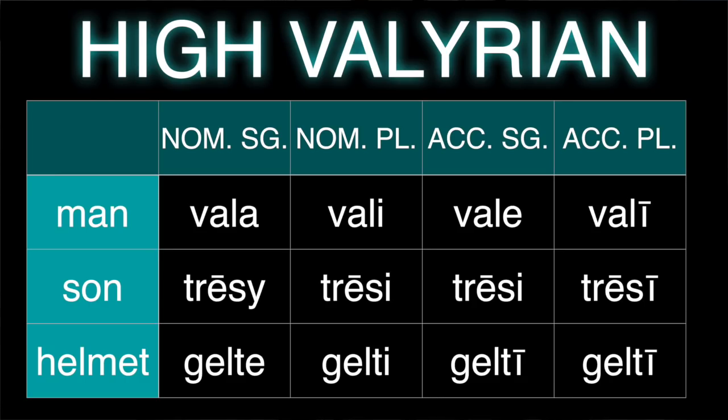If you look at the forms, here are all the forms. You have vala, and these are singular plural nominative, then singular plural accusative. Vala, vali, vale, vali. Then tresi, tresi, tresi, tresi. Gelte, gelti, gelti, gelti. So, if you look at this, the first thing that should jump out to you is that there's probably something E going on in the plural, and maybe in the accusative.